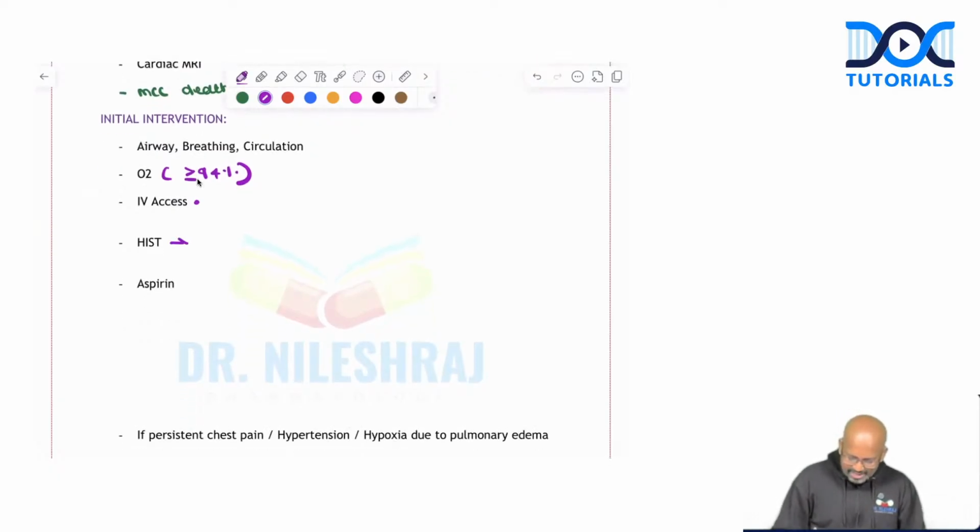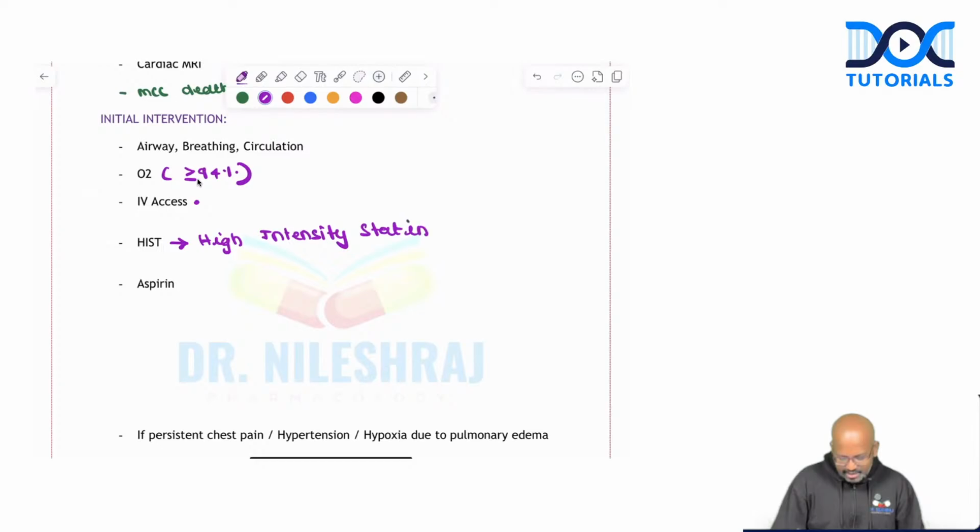And we can go for HIST. I don't know if you know about HIST. HIST is nothing but high intensity statin therapy, which is atorvastatin administered at a dose of around 40 to 80 milligrams.